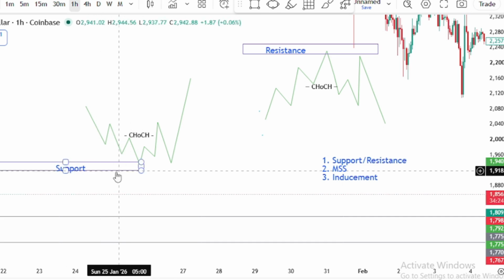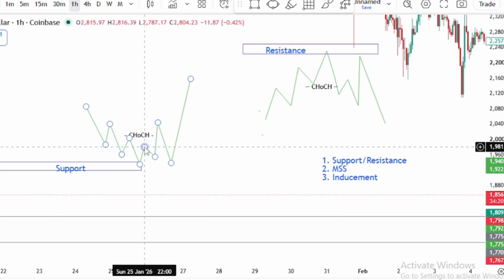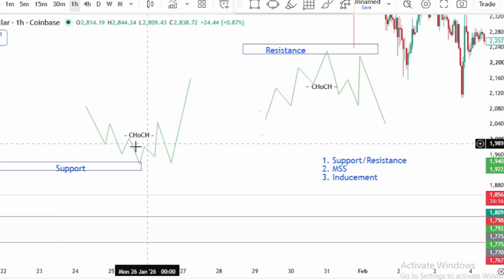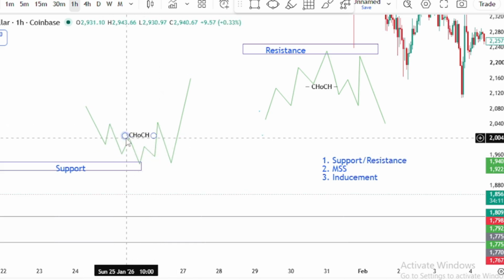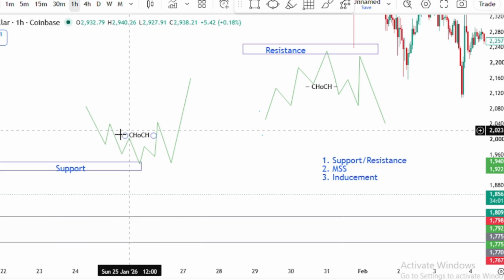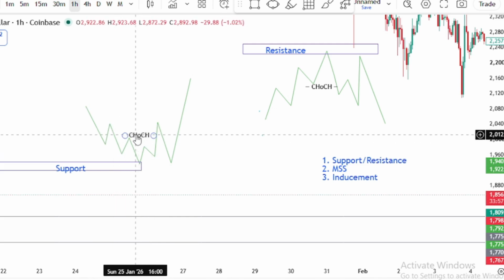When it got to this support level, it made a pullback and created a break of structure. From here, it broke through the lower high that it previously created. Once this previous lower high is taken out, it means that reversal is confirmed, and this is change of character.